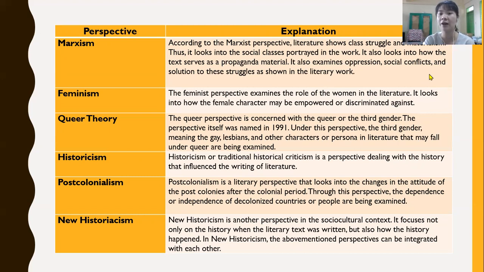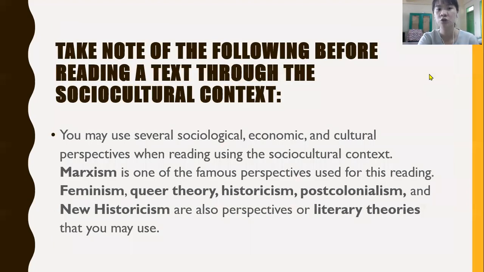And then lastly, we have new historicism, another perspective in the socio-cultural context. It focuses not only on the history, when the literary text was written, but also how the history happened. So kung paano daw po nangyari yung history is involved. Meron po siyang involvement doon sa text na ginawa po ng mga author. So all of those perspectives are under socio-cultural context.